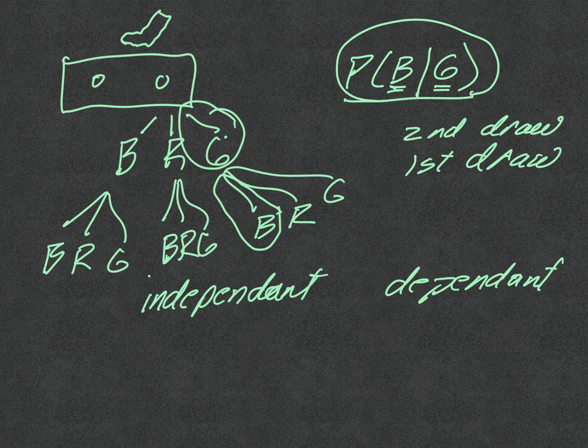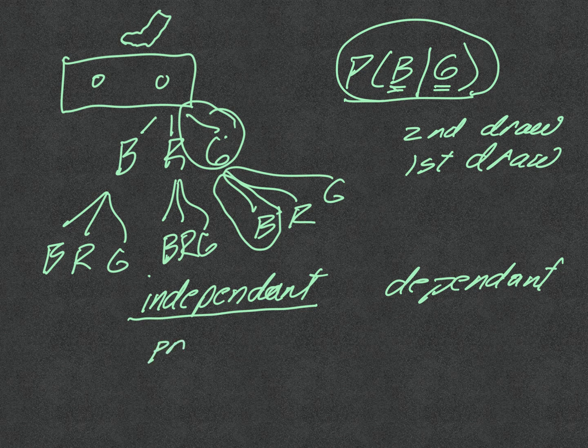So, independent again. What's an independent event? An independent event is when you have two events and they are independent if the probability of one does not affect the probability of the other. Okay?